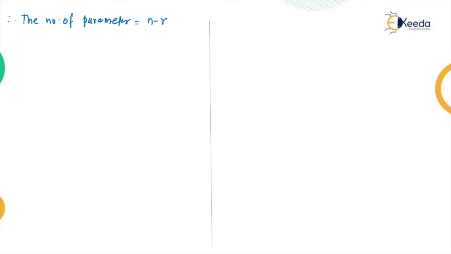Here n is 3 and r, the rank, is 2, so 3 minus 2 is 1. Therefore we take one parameter, suppose t.